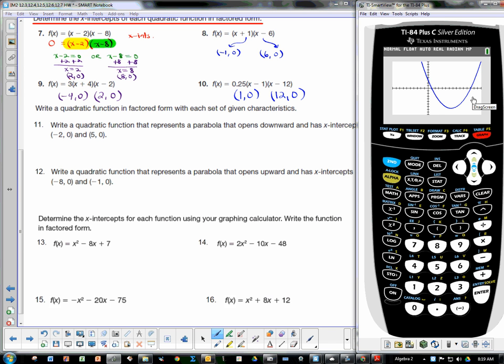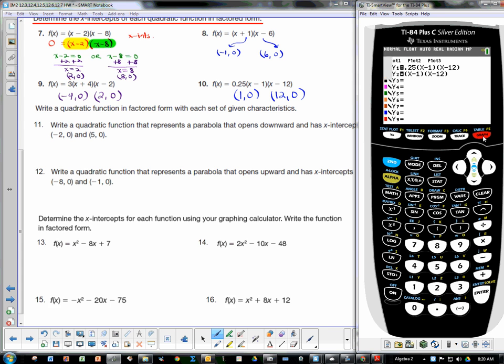Now, I want to address this. Some of you are thinking, why does the 0.25 out in front not make a difference? Watch this. Y equals, if I come down here and I just enter x minus 1, close parentheses, open parentheses, x minus 12. Okay, they're almost identical, right? Except the second one doesn't have a 0.25.